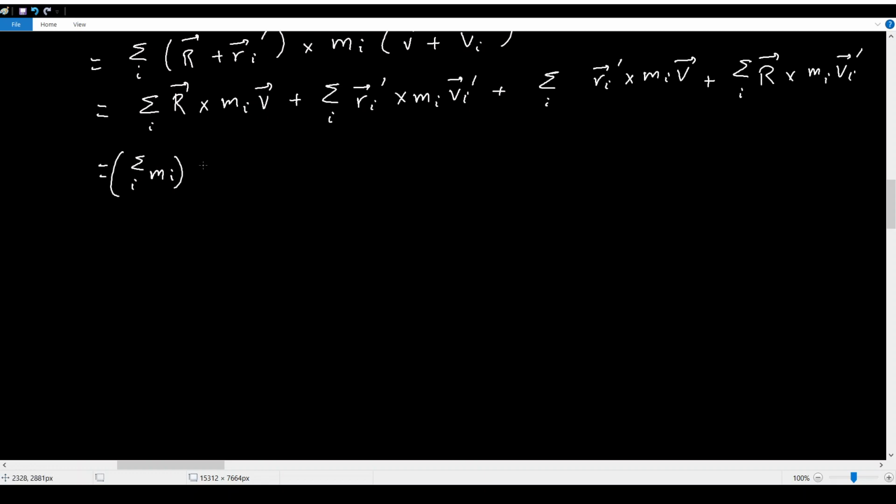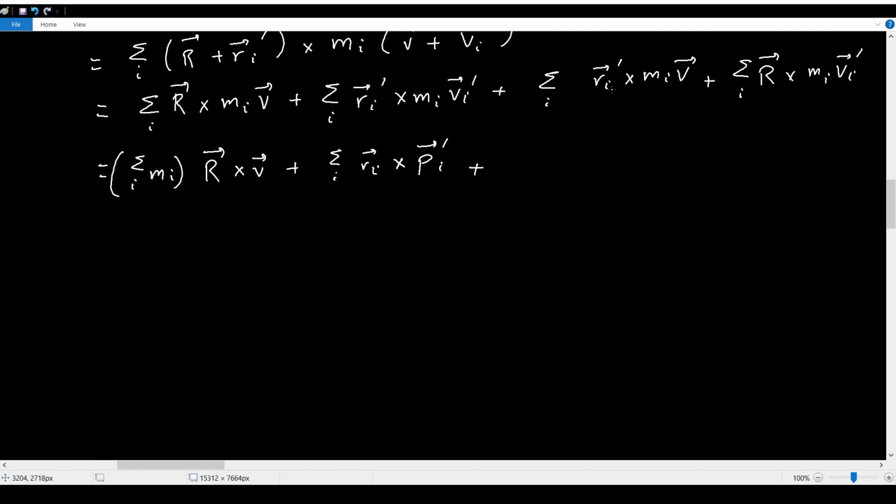So let us just write that separately and we get R cross V, plus here we have some more terms, but we can write this as mass times v, the momentum. So this becomes the momentum in the primed coordinate system, in the coordinate system with the center of mass at the origin.